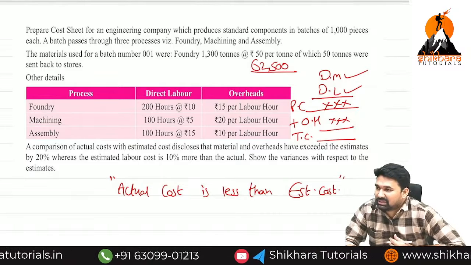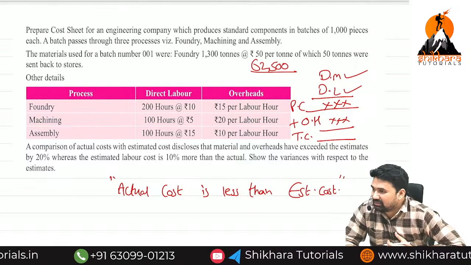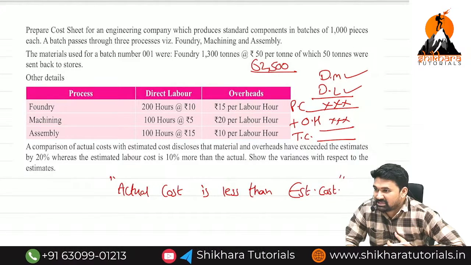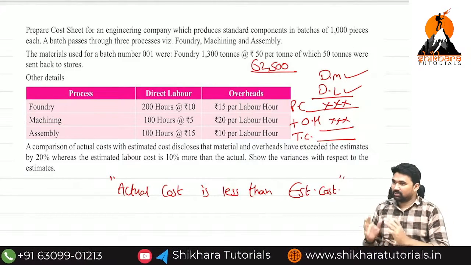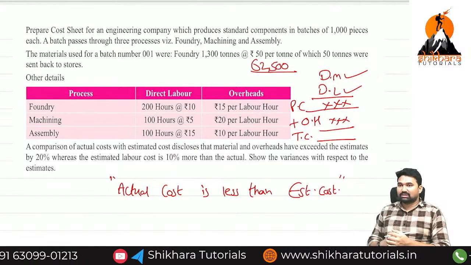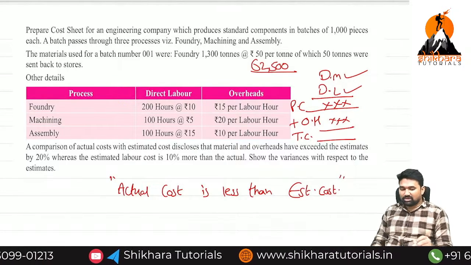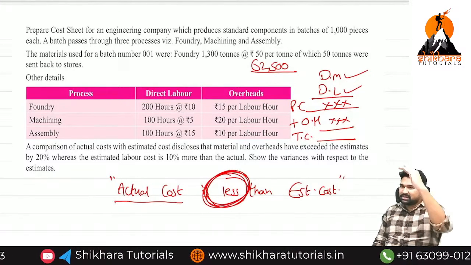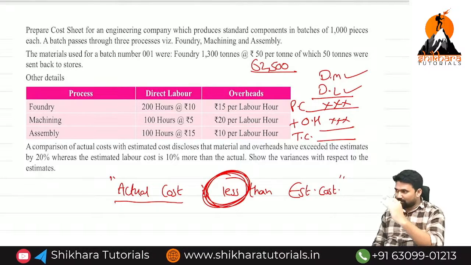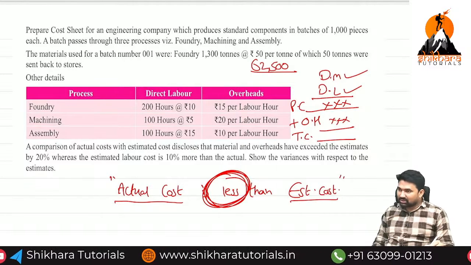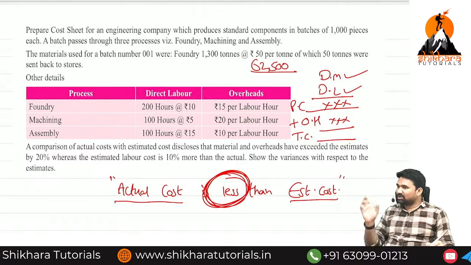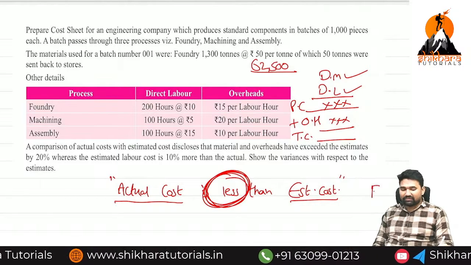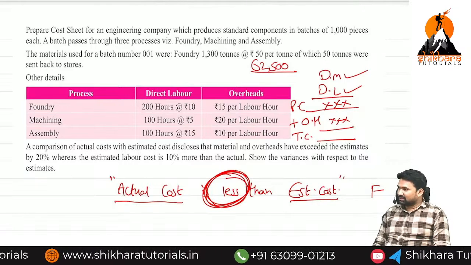Please tell me, is it a profitable situation or loss situation? Profitable situation. Why? Because your actual cost is less, below the estimated cost. So it is a profitable situation. We will denote it with F. Clear?